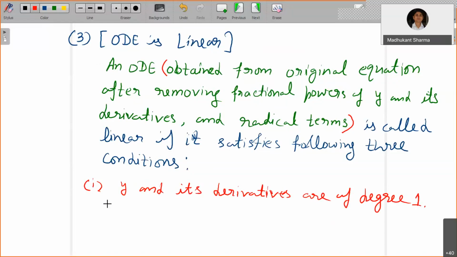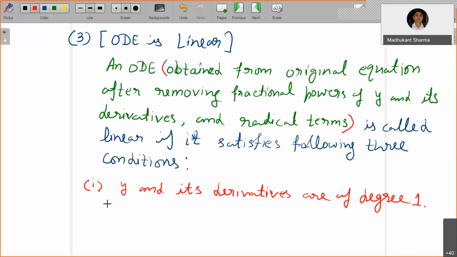You are given a differential equation, and you have removed all the fractional powers from y and its derivatives and removed all the radical terms, then obtained the ODE. I'm talking about that. Now you scan it, you just look at it. The first observation you have to make is that y and its derivatives are of degree 1.